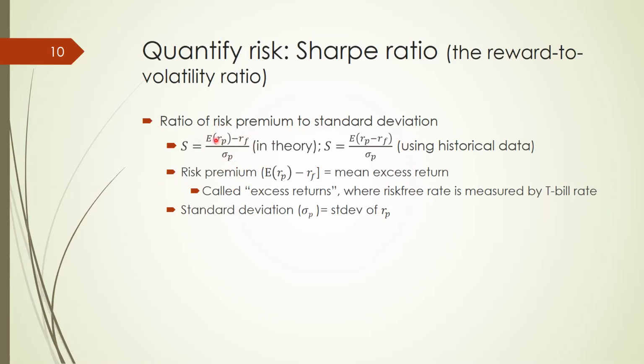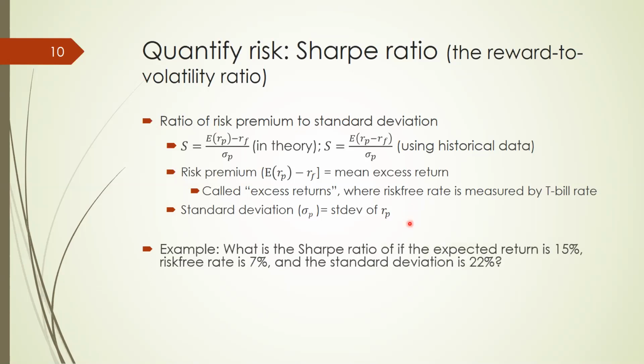Risk premium is the average excess return relative to the risk-free rate for the given portfolio, and the standard deviation of the return measures the risk. Using historical data, because the risk-free rate changes across time, the risk premium can be estimated by the average excess return of a portfolio relative to the risk-free rate.